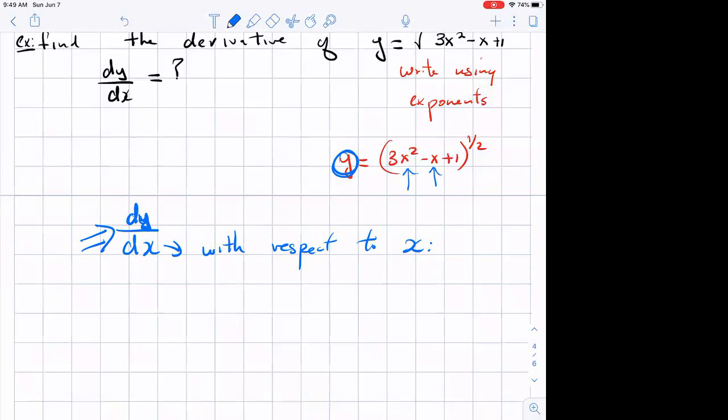This is the same as if we write y prime or f prime of x. There are different ways to write a derivative.